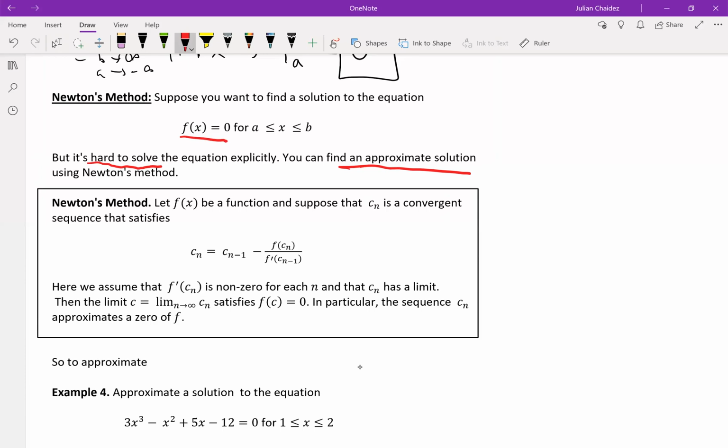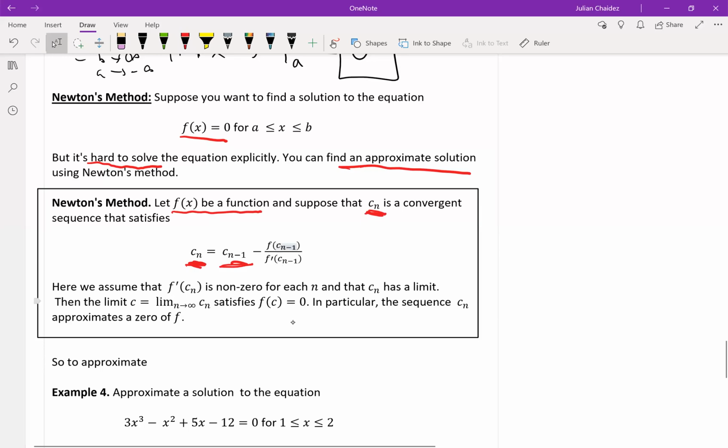So what actually happens? Let's say I have a function f of x and a sequence Cn that satisfies the property that Cn is equal to Cn minus 1 minus f of Cn minus 1 divided by f prime of Cn minus 1. So I get the next element of the sequence from the previous one by subtracting the value of f at Cn minus 1 divided by the derivative of f at Cn minus 1.